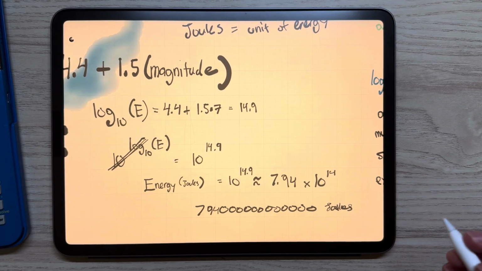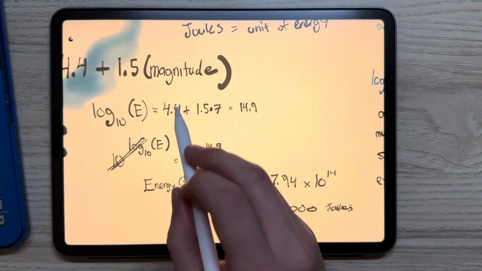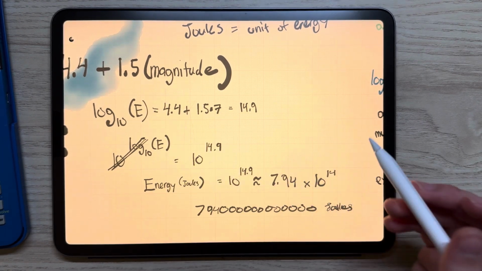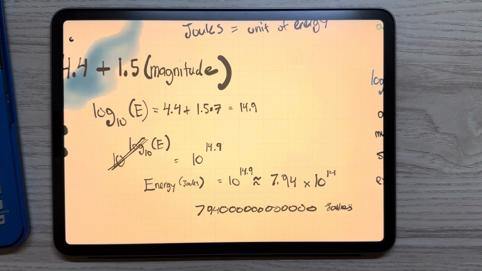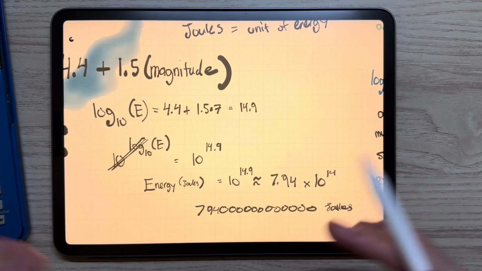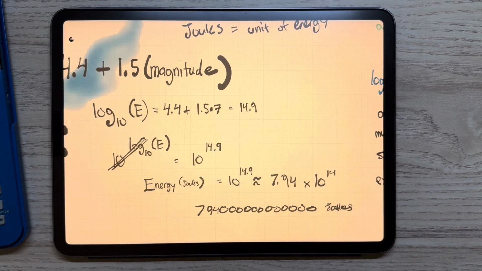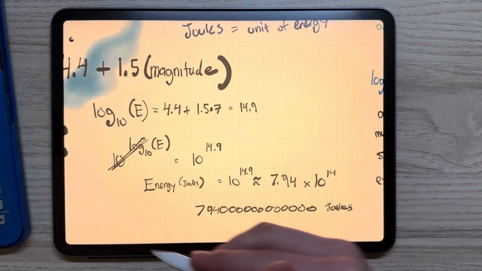So that's a lot of energy, and something of magnitude 6 would be a lot less energy than that, and 5 would be a lot less than that, and it would go exponentially down.